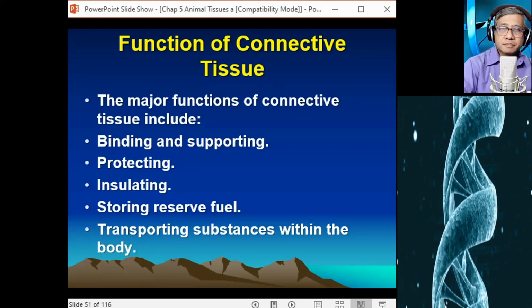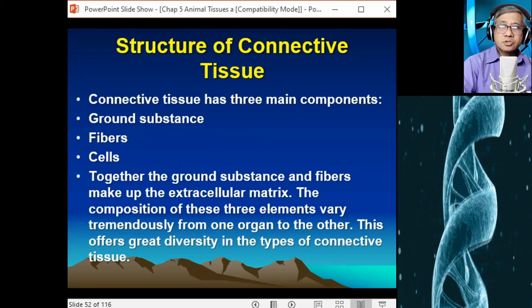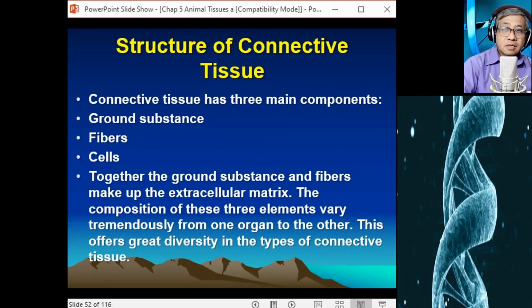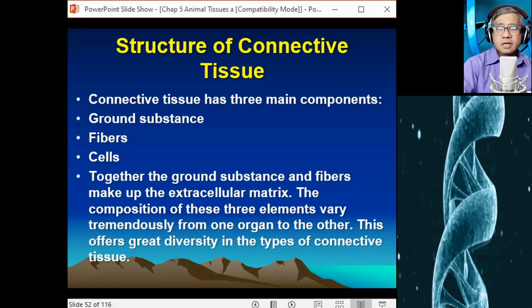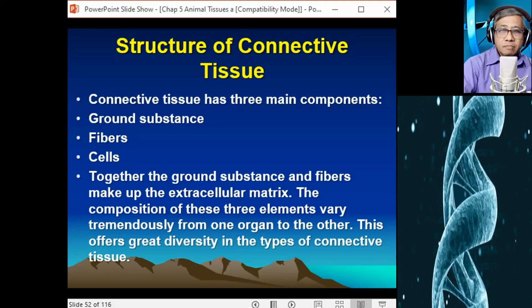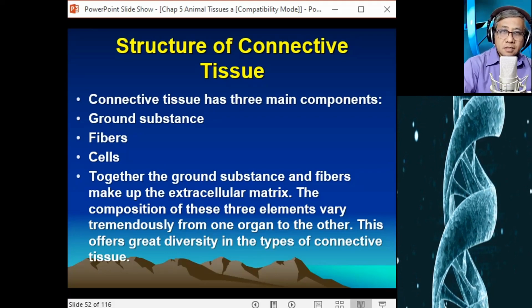In terms of the structure of connective tissues, connective tissue has three main components. First we have the ground substance, fibers, and the cells.